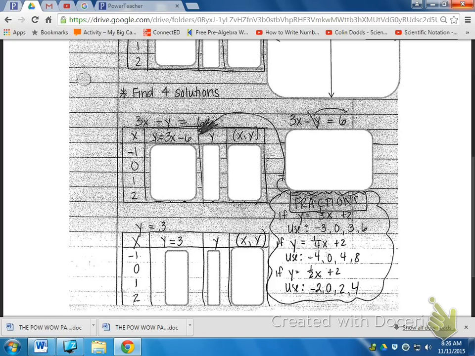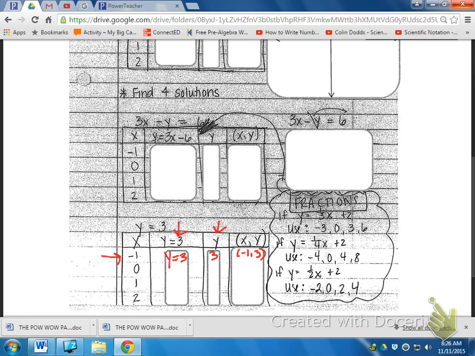If I start with my first row and x is negative 1, I look at this column and it says y equals 3. There's no place to plug the negative 1 in. So when I come over to this column, it tells me what y is. What is y? 3. So I put negative 1, 3.